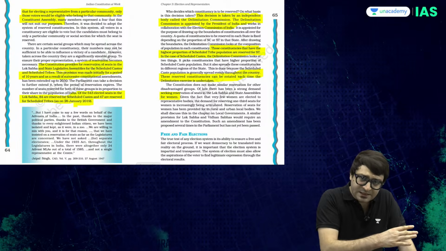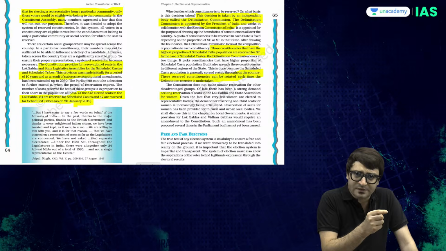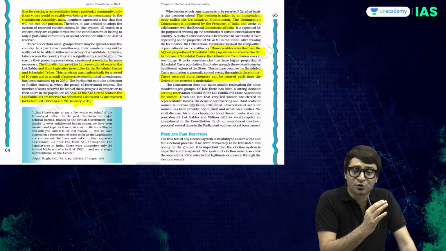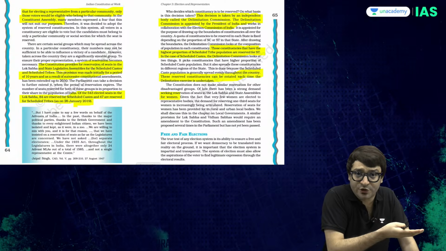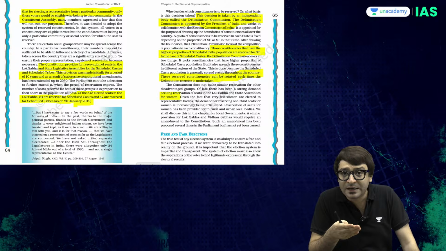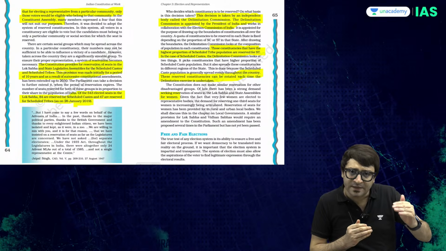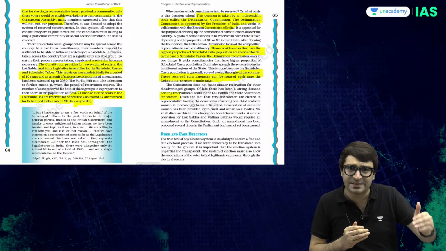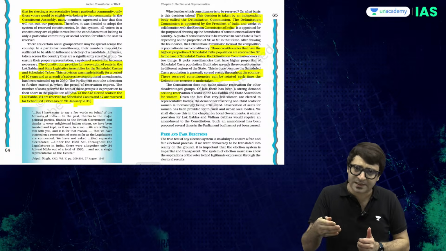But since 1960 onwards, every time this political reservation for SCs and STs was to expire, Parliament would amend the Constitution, because that's something mentioned in the Constitution. If you have to change something in the Constitution, you have to amend it. So Parliament amended the Constitution and extended this political reservation for SCs and STs. Another 10 years, another 10 years, another 10 years.